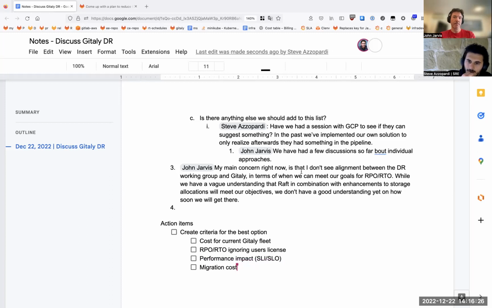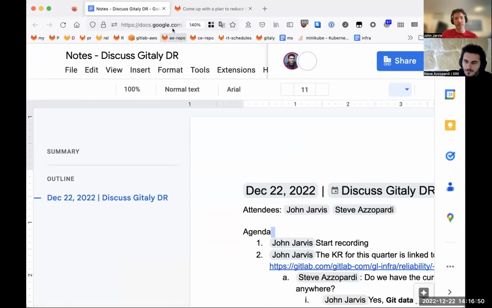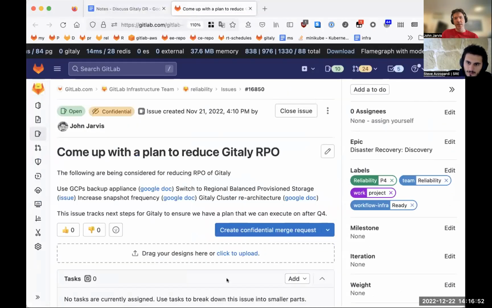Okay. So the issue that you have come up with a plan to reduce RPO: the original goal was to close this in Q4 and come up with a plan in Q4, right? Yeah, I was thinking the output of this issue would be this new epic with a plan.